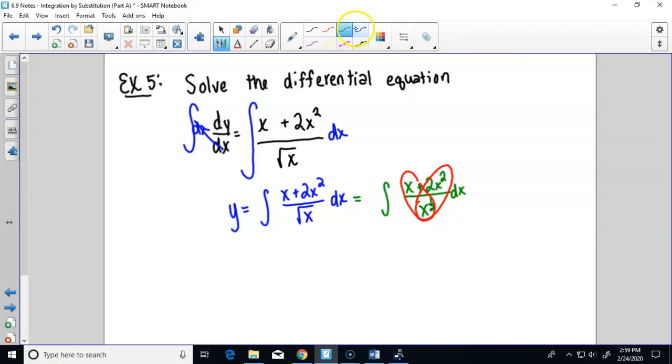So if you do this, you are going to get, right here, when you do x over x to the 1/2, you're subtracting those exponents. 1 minus 1/2 gives you x to the 1/2 power. And then you'll have 2x squared over 1/2, which is going to give you x to the 3/2 power.